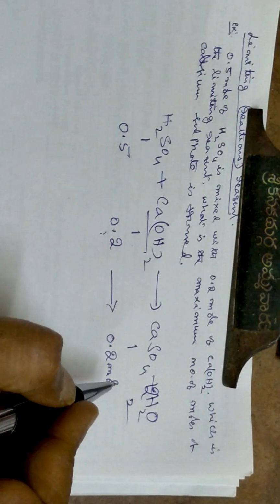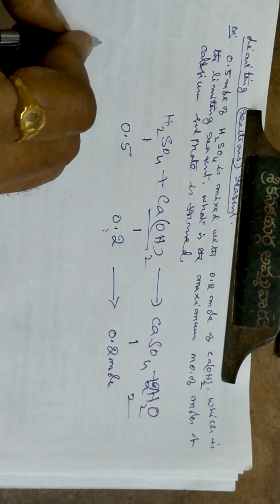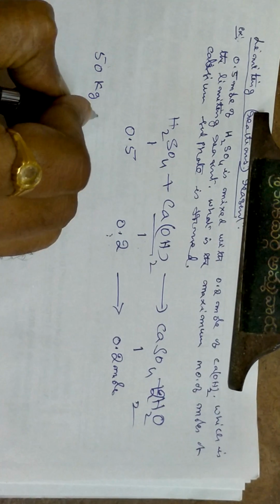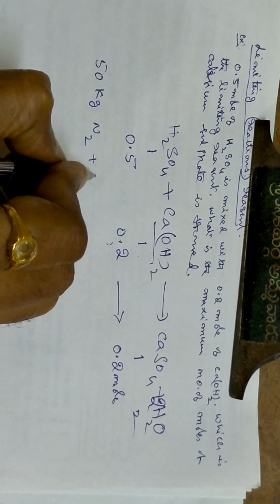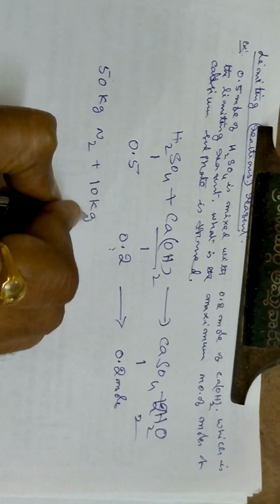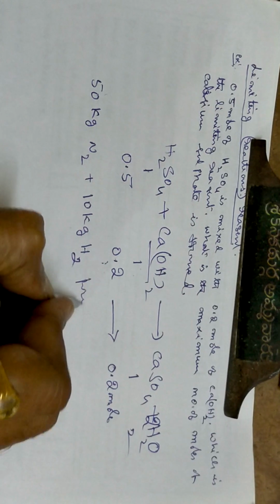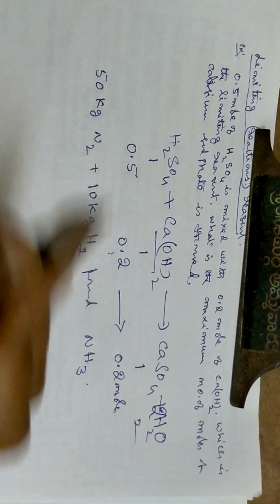Now one more we will see. 50 kg of nitrogen is mixed with 10 kg of hydrogen, producing ammonia. So this is the word equation.